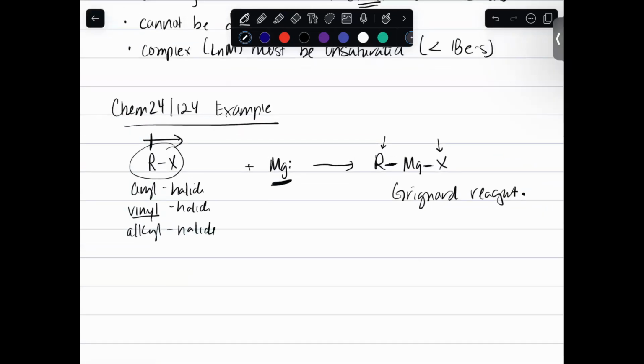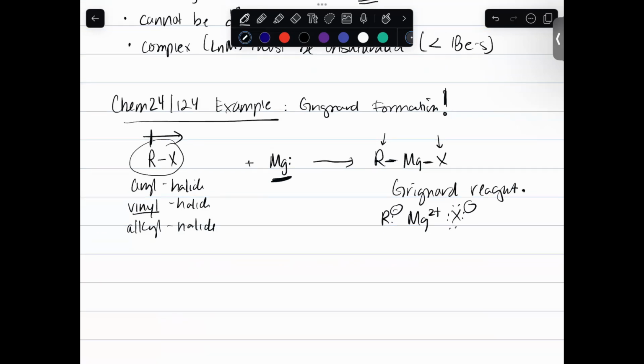Of course, because the magnesium is a metal, it's 2 plus, R minus, and X minus. So very similar to this Grignard formation. We're just using transition metals now instead of first and second column metals.